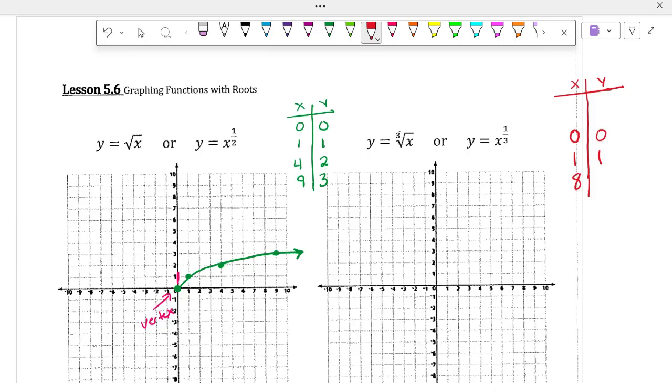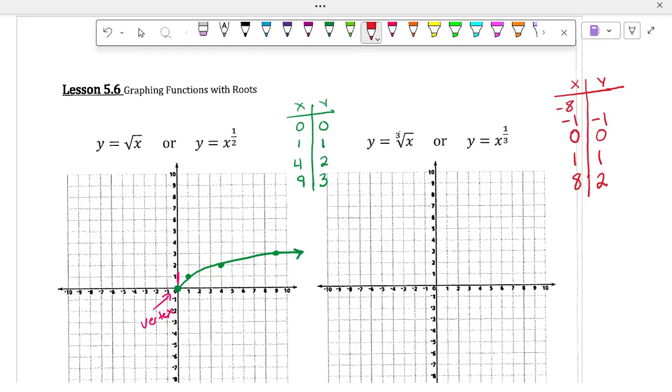What's the cube root of 8? 2. Now, I'm going to go the negative side. So what's my next perfect cube after less than 0? Negative 1. What's the cube root of negative 1? Not 1. Negative 1. What's my next cube root? Negative 8.